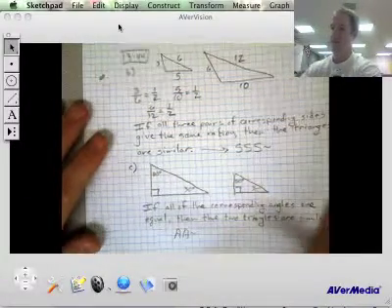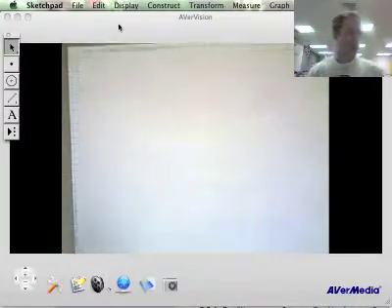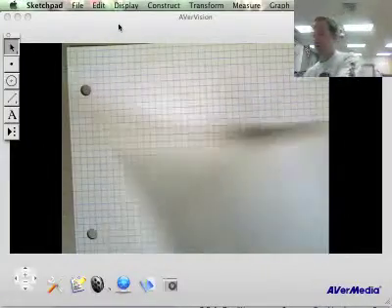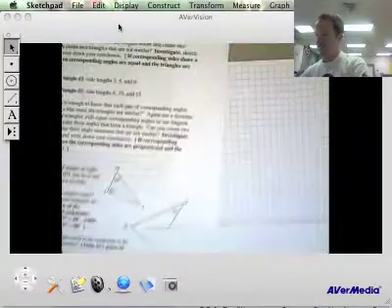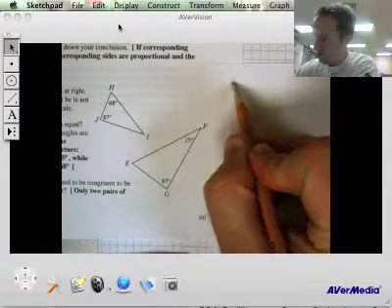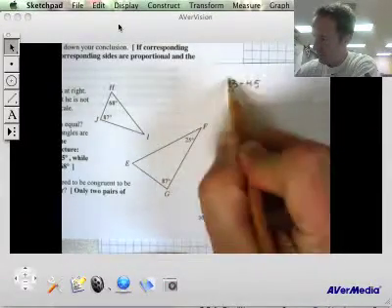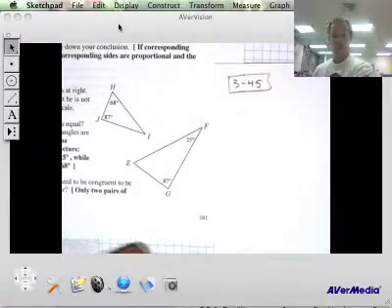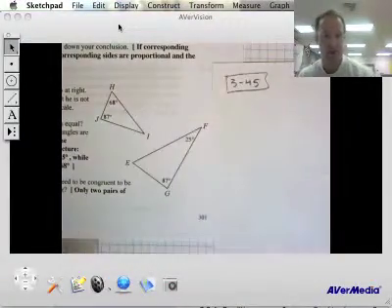Let's take a look at one more. Let's take a look at an example, see if we can apply this. So here are a couple of triangles. And we want to know if those triangles are similar.